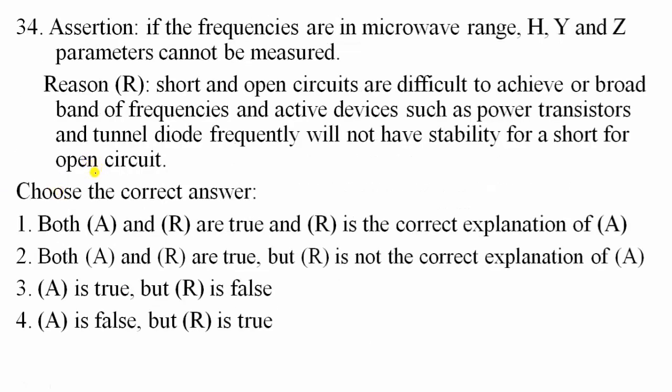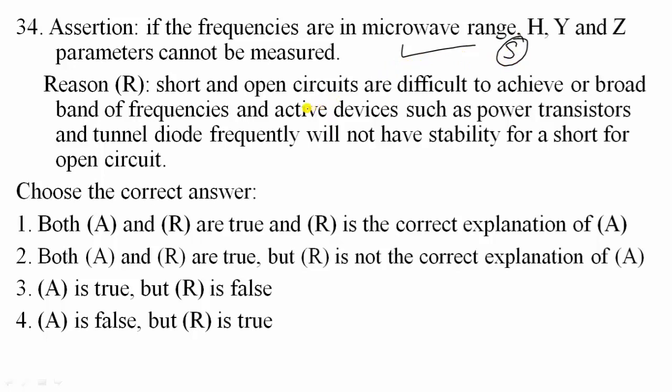34th question is based on assertion and reasoning. If the frequencies are in the megahertz range, H, Y, T, Z parameters cannot be measured. This is correct. In the case of microwave range frequencies, we only make use of S parameters. So the assertion is true.